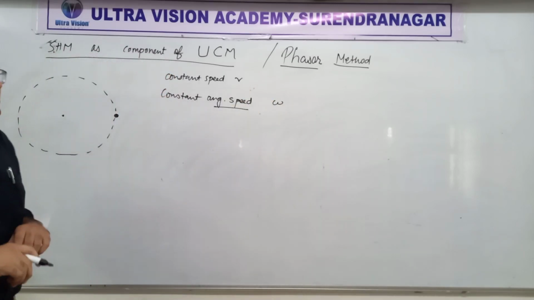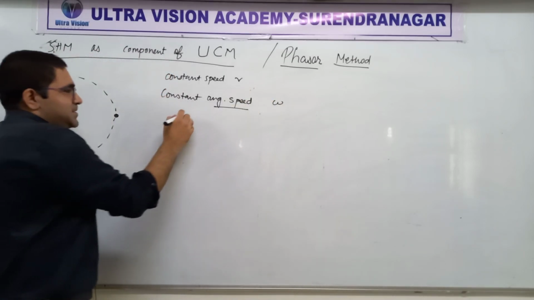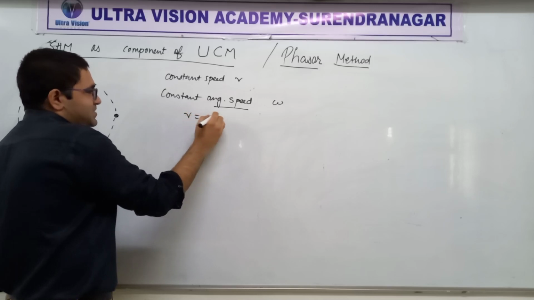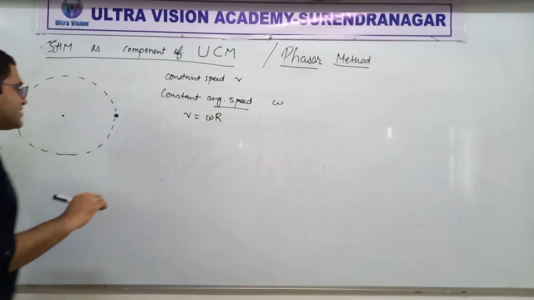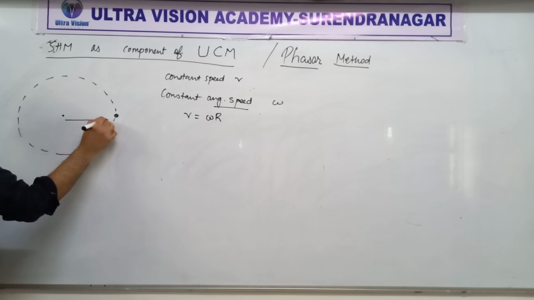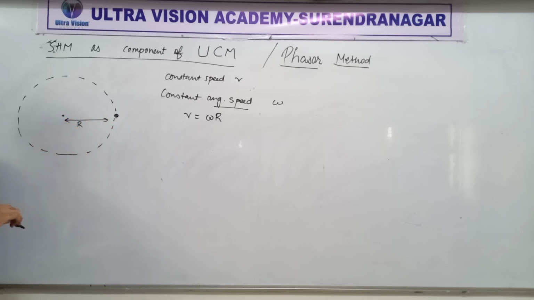Clear? Hopefully you remember. And then the relation between v and omega is as follows: if the radius of this circle is capital R, then v is equal to omega into capital R.